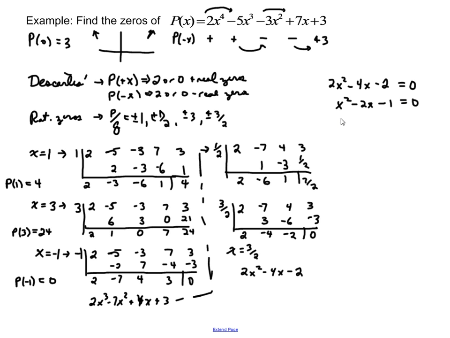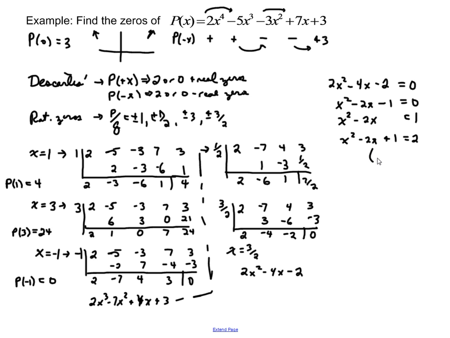I'm going to move my constant over, so I'll get x squared minus 2x equals positive 1. Yes, I'm completing the square. I take 1/2 of negative 2 squared and add that to both sides, so x squared minus 2x plus 1 is equal to 2.